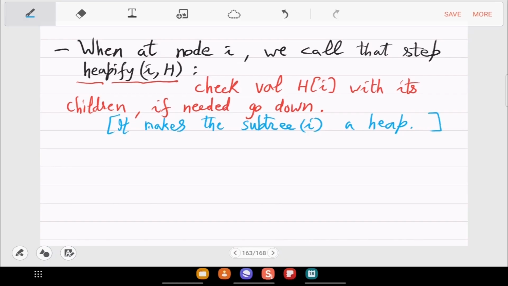Okay, so this is the invariant that you need to remember about this subroutine. So let us now write its details.